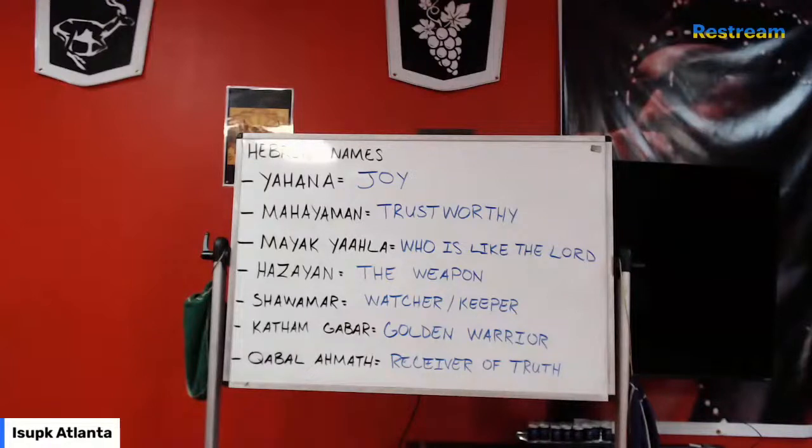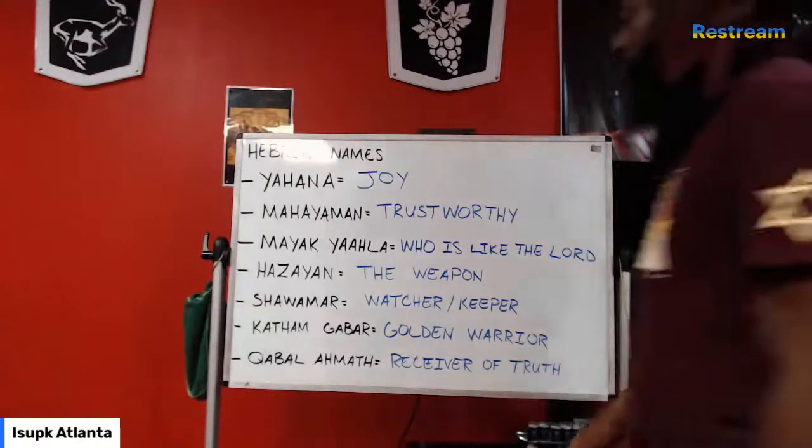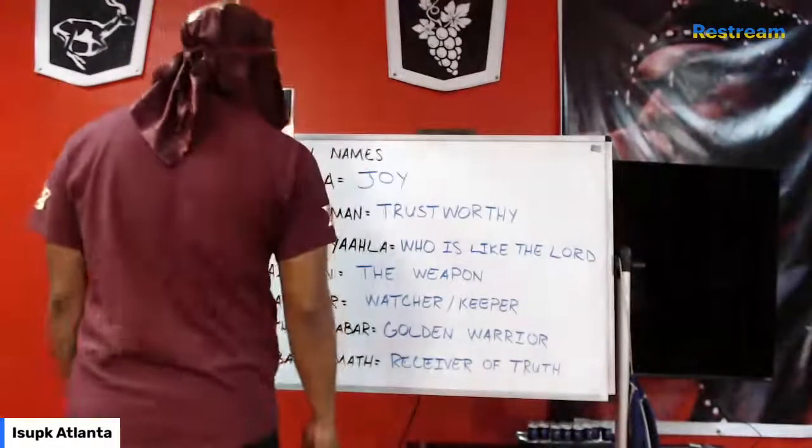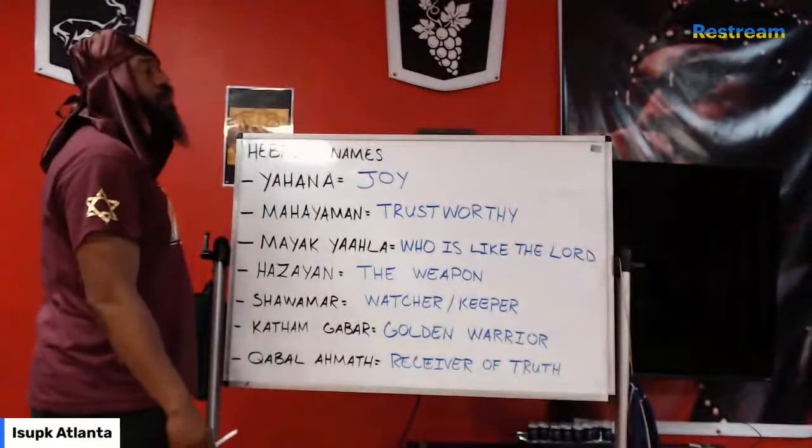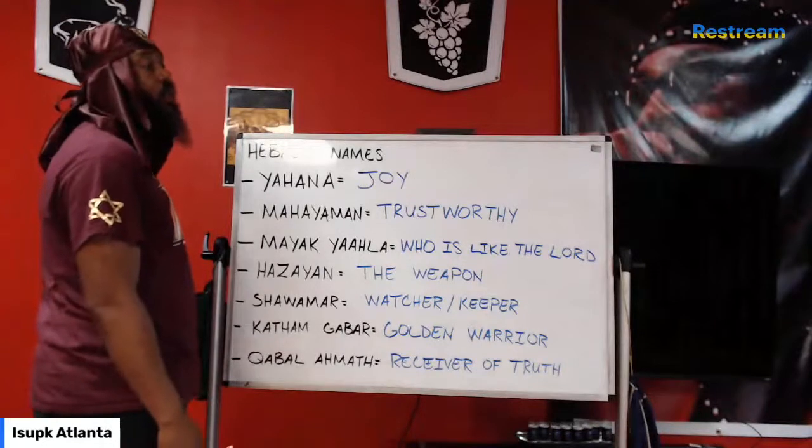All right, and that's just a few examples. Then we have Mayak Ya'ala, who is like the Lord. Let's pause for this one. If you remember, we've gone over in class when we did possessive nouns, and we brought out the words what and also who.